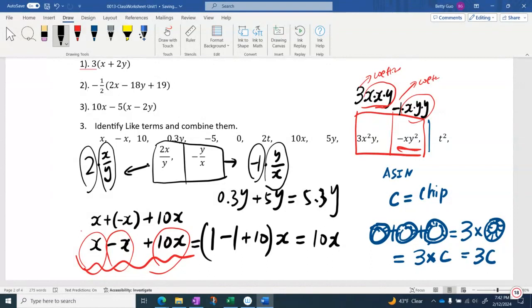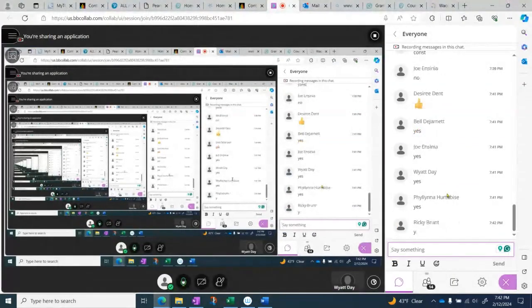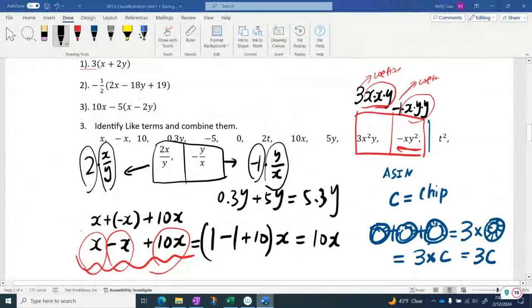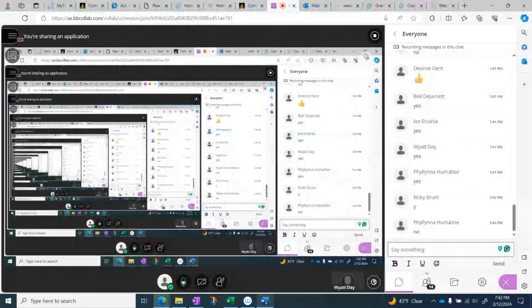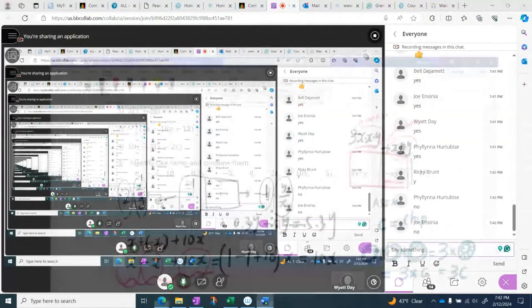Are they like terms? Yes, they are? Are they like terms? No, they are not. They are not like terms, guys. Let's look at it carefully.